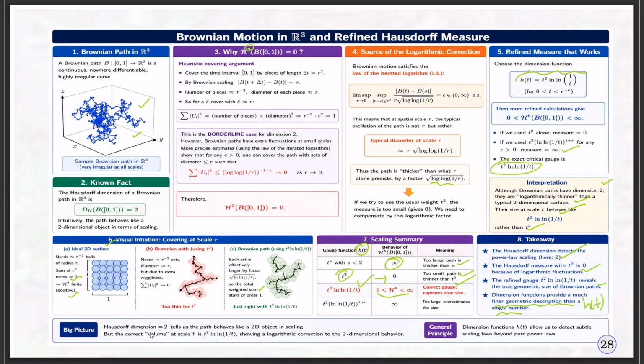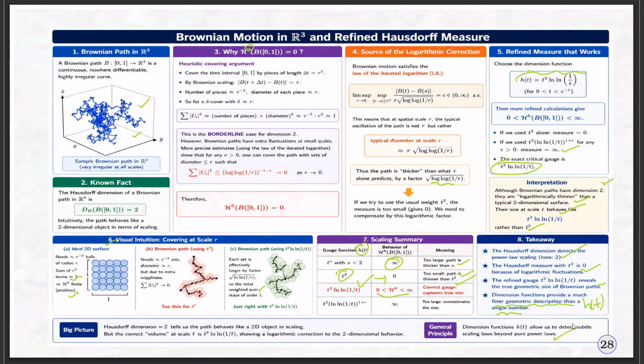So the Hausdorff dimension being 2 tells us that the path behaves like a 2-dimensional object, whereas we are defining it in R power 3, so we use the corrected dimension function to capture its geometrical behavior, though the Hausdorff dimension is 2. So the dimension function h of t allows us to detect subtle scaling laws beyond pure power law.